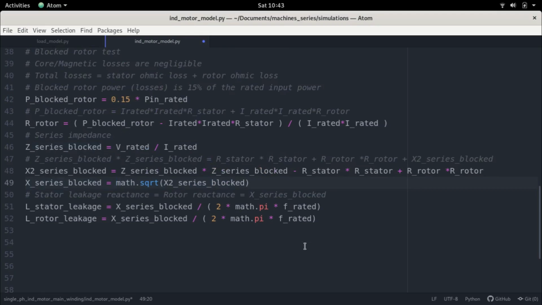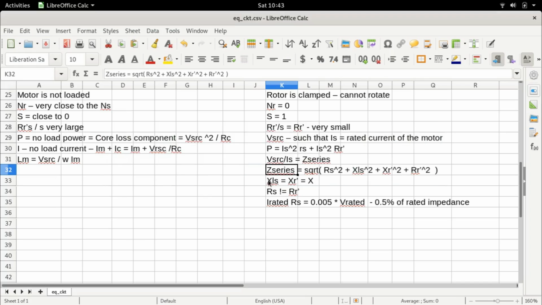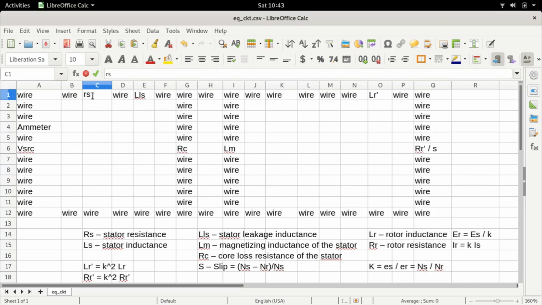So with this, let's go back and have a look if we missed anything. We now have the stator resistance, the rotor resistance, the leakage inductance of the stator, and the inductance of the rotor. We have already calculated RC and LM.